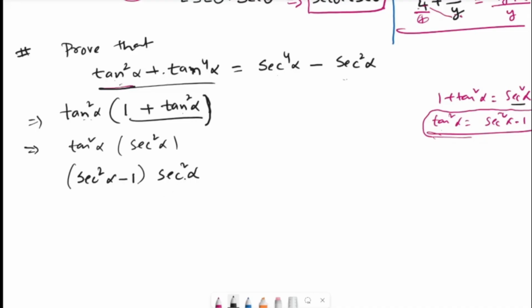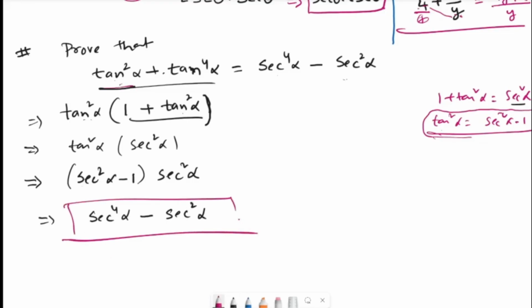Now I'm going to multiply the secant square alpha inside. Secant square times secant square is secant 4 alpha minus secant square alpha. So it looks like we reached our destination. They match. So we proved the above statement is true.